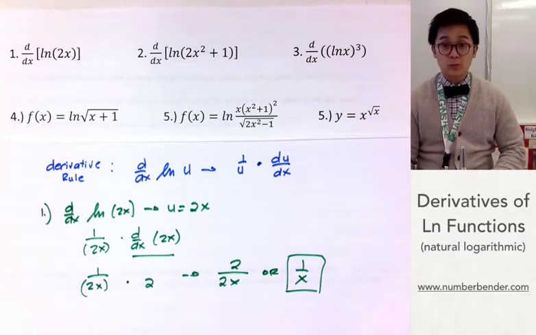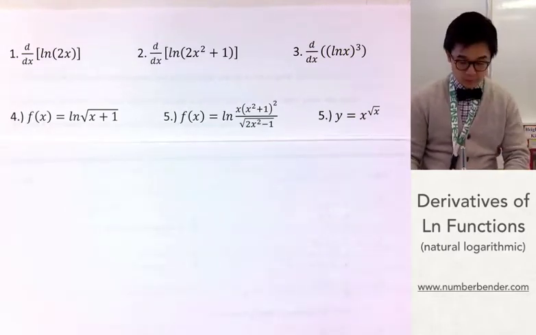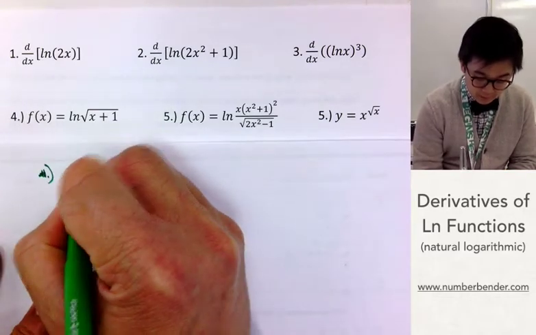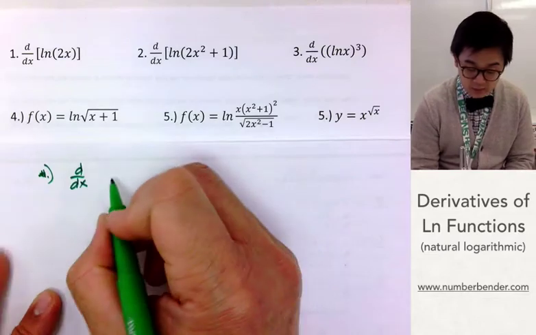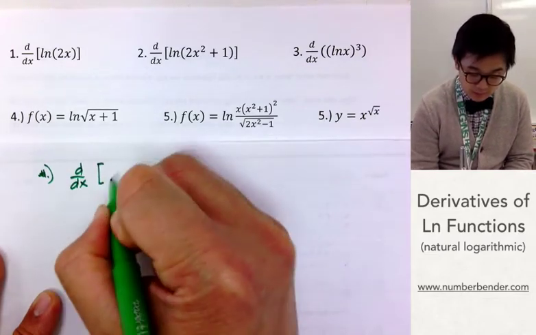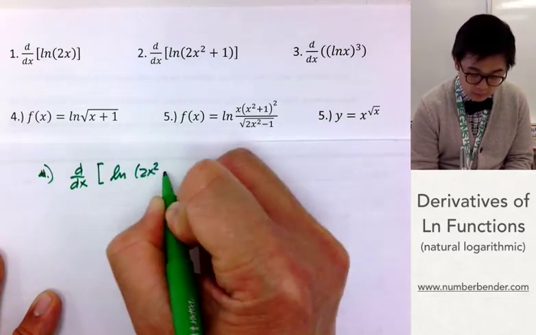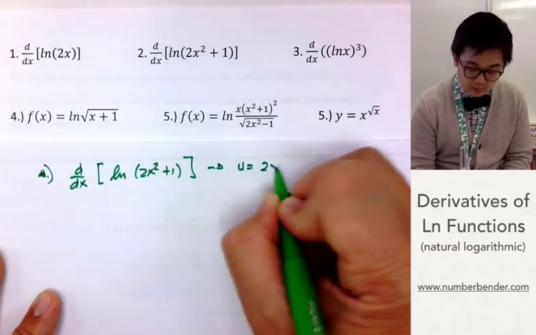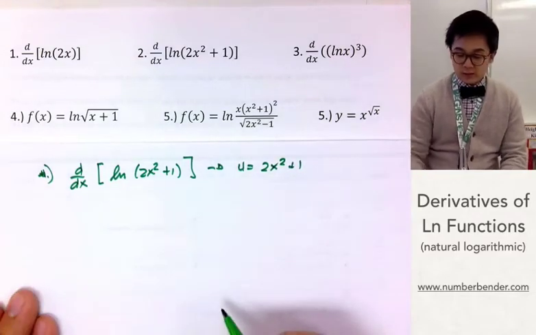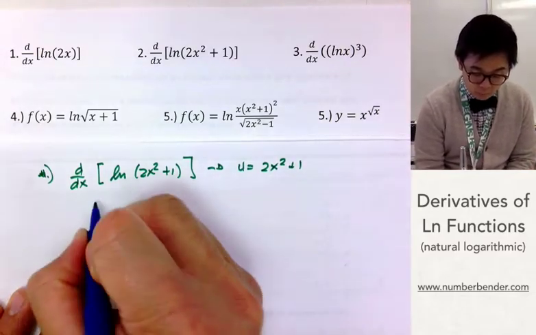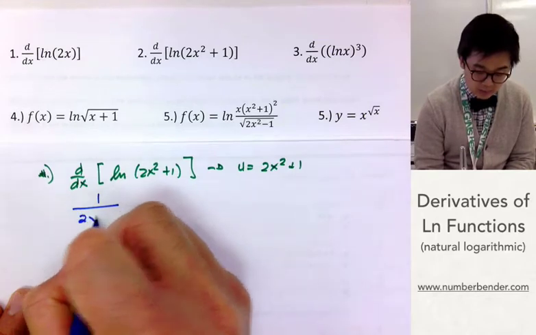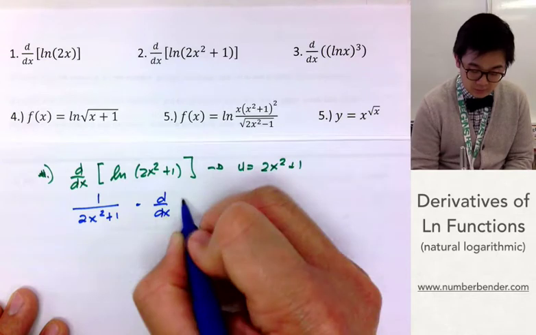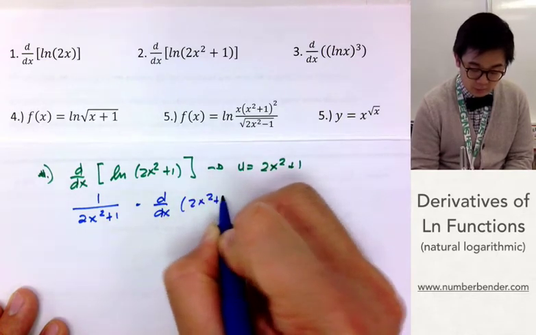Now let's go ahead and answer problem number 2. In problem number 2, our problem will be to take the derivative of ln of 2x squared plus 1. And we know that u is 2x squared plus 1. So to take the derivative of that, it will be 1 over 2x squared plus 1 multiplied by the derivative of 2x squared plus 1.